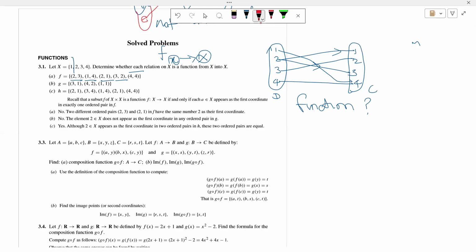Second one. Third one is what? One domain element does not have a relation with 2 codomain elements, but here 2 has a relation with this one and this one. So because of that, this is not a function, right? So we can say f is not a function, right?